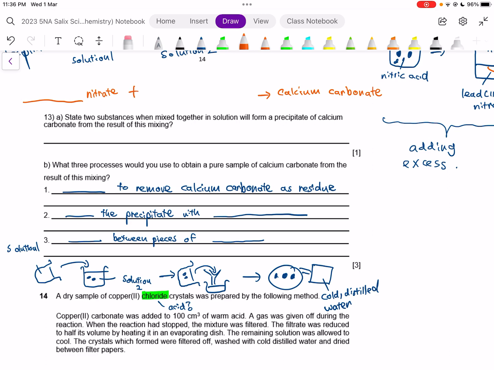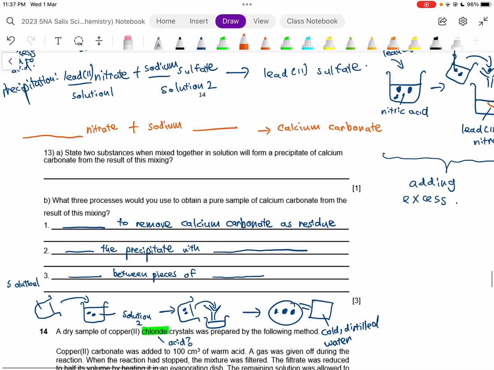The other one is a solution that contains carbonate, so it will be sodium something.